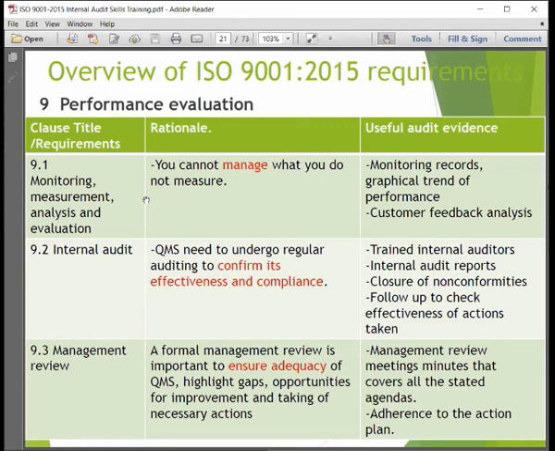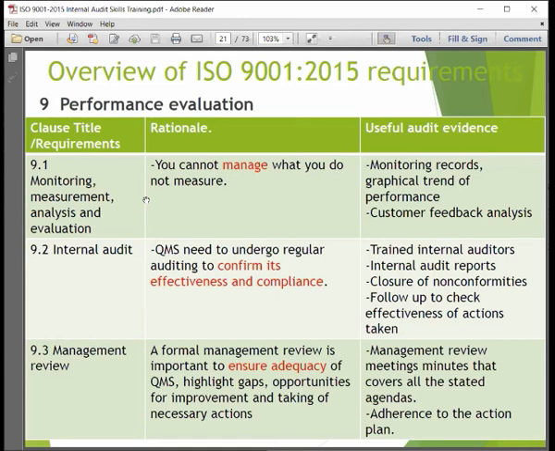A very important meeting where the management, including the top, and remember at one time we talked about leadership commitment, that the top should also be involved. They take time to review the system. Is it working for them? Are there areas of improvement? Are there opportunities we are missing out?